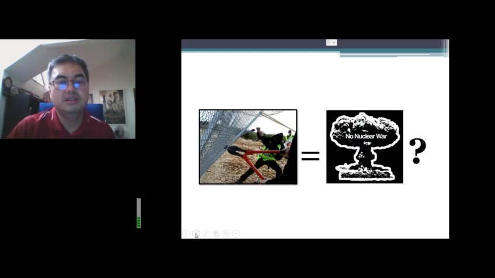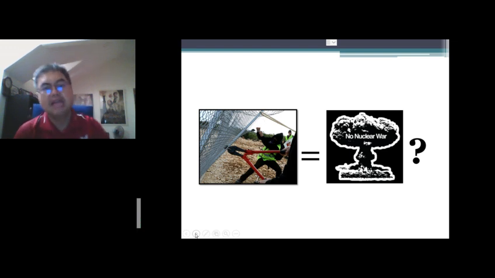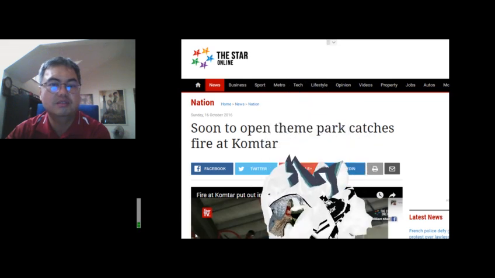But the court questioned the link between cutting the fence and ensuring that there's no nuclear war, right? So the court basically did not accept the argument. The property was not in immediate need of protection, and clearly the means that were used were not reasonable.